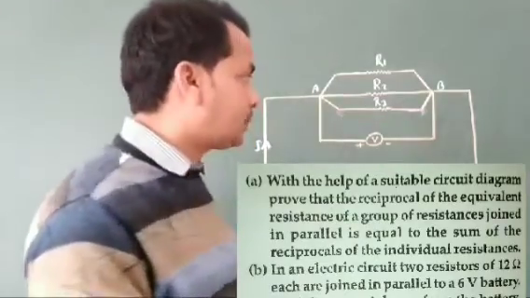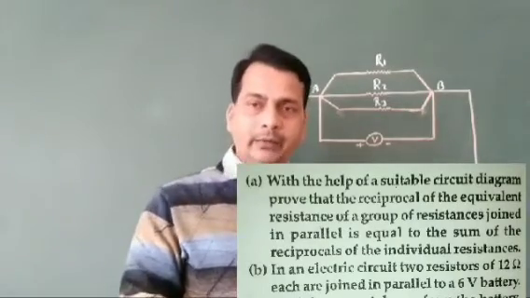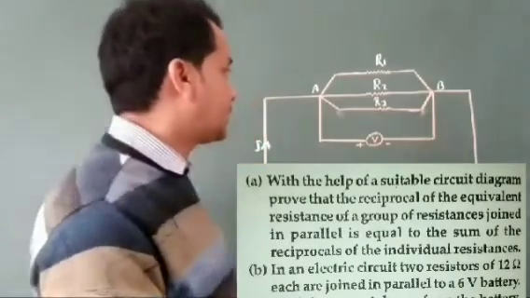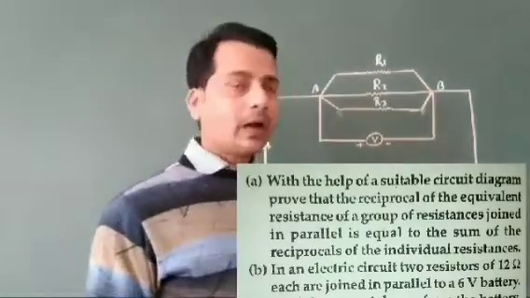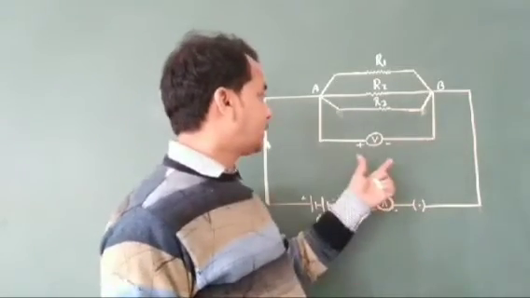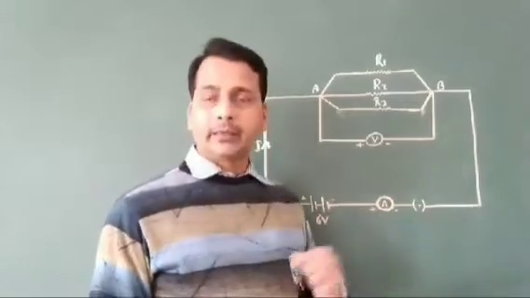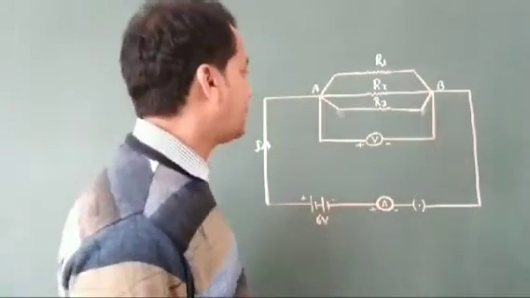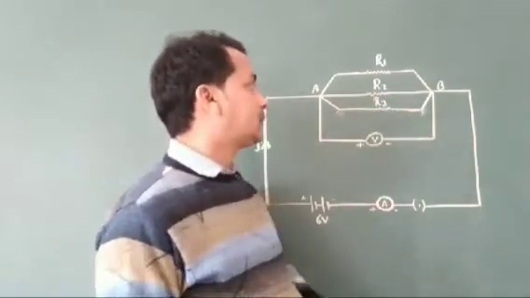So here suppose the resistance R, and there are three resistors used in the circuit here, R1, R2 and R3. They are also connected to a voltmeter, battery and ammeter. So in the circuit diagram, I take the three resistors R1, R2 and R3.